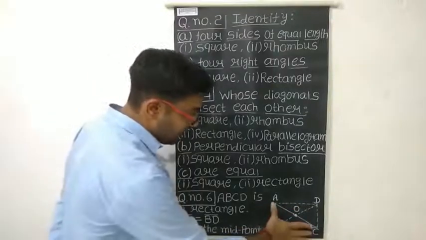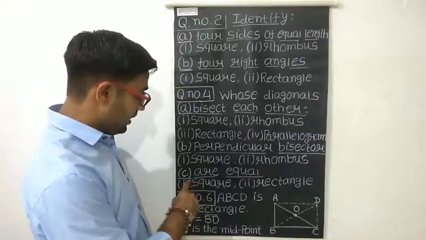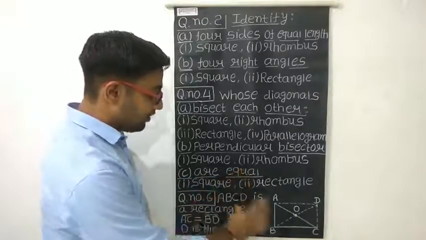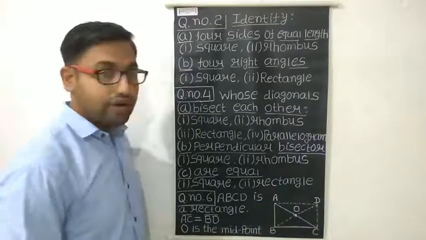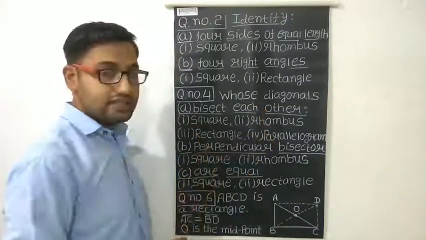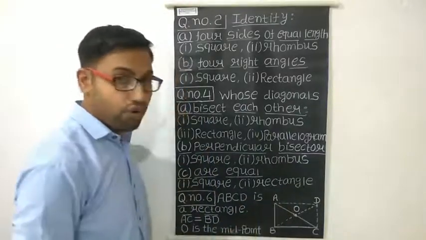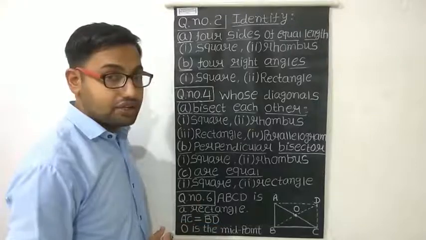So we can say that AC and BD are equal. See here, we have identified that diagonals are equal. Which shape? Rectangle has both the diagonals equal. Also it is stated that bisect each other means both the diagonals are intersecting at point O and they are also bisecting each other.